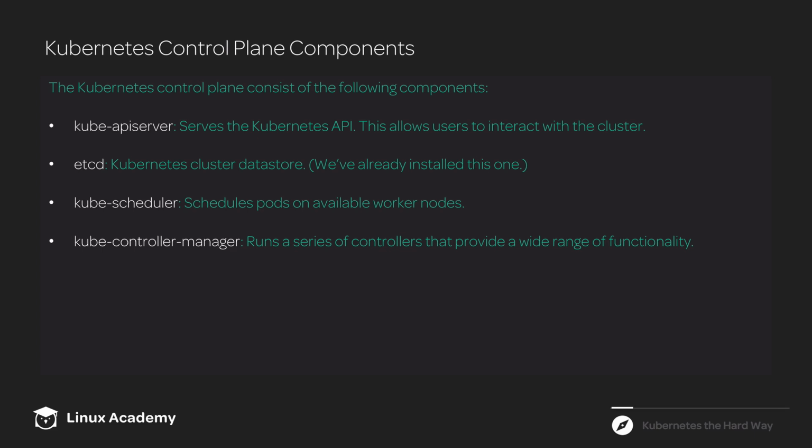If you want to find out what all the different controllers do, check out the Kubernetes documentation. But for right now, all you really need to know is that we have one service called the Kube Controller Manager that includes a bunch of smaller sub-services within it that are going to handle different functionality for the Kubernetes control plane.